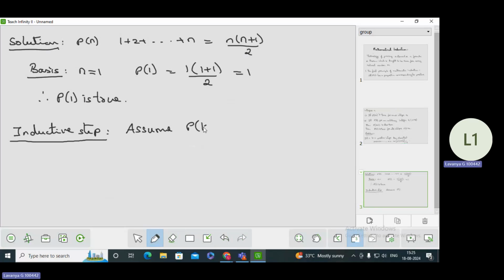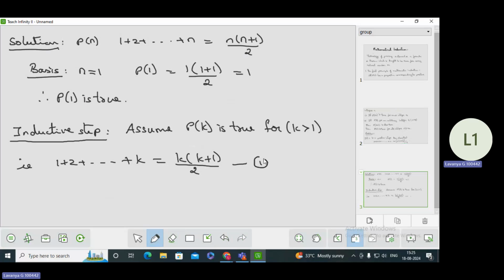So, assume P of k is true for k greater than 1. That is 1 plus 2 plus etc. plus k. This is nothing but k into k plus 1 whole divided by 2.